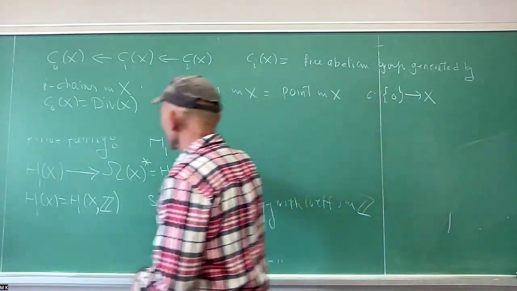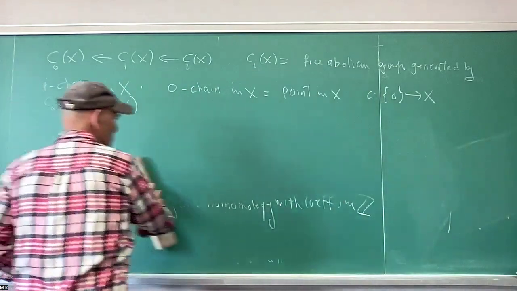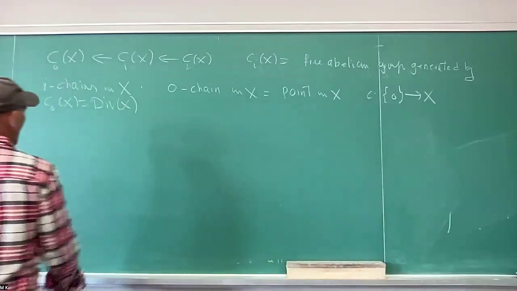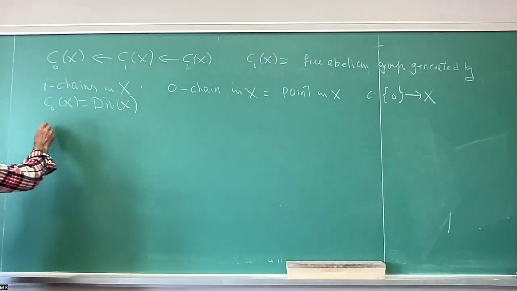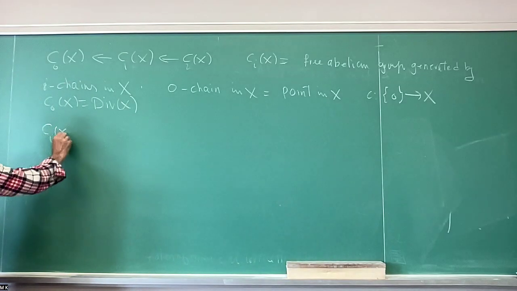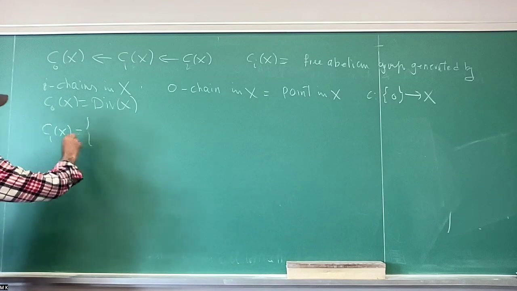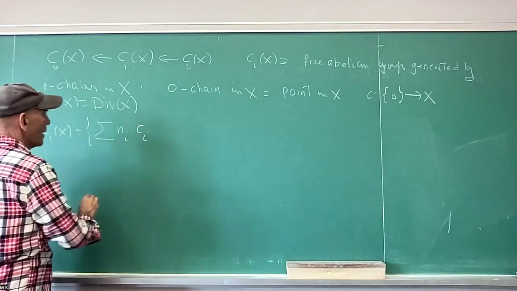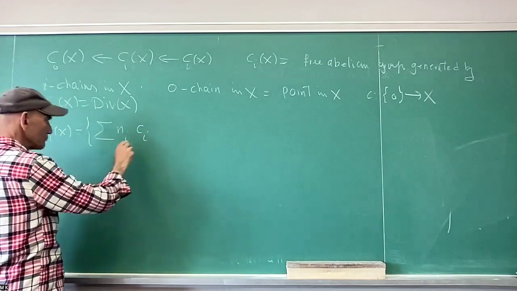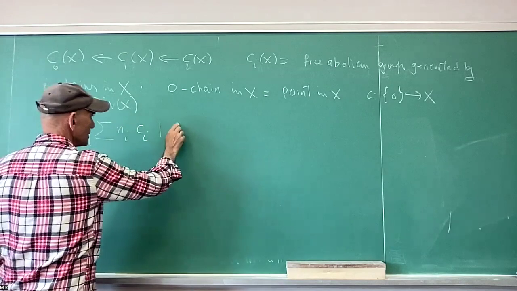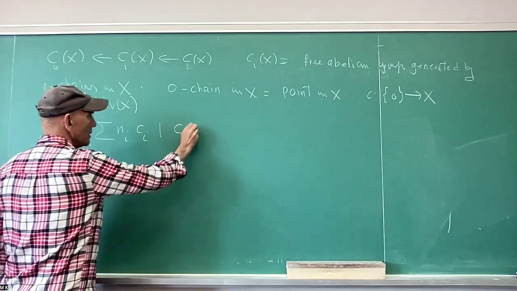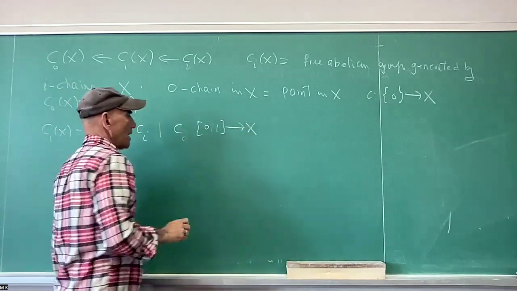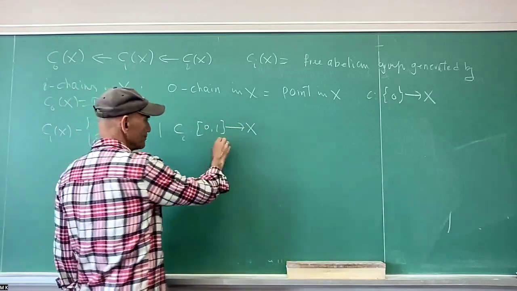Now, what is C1? C1 is generated by curves, the set of linear combinations of the form sum of Ni times Ci, where each Ci from the interval [0,1] to X is a smooth map.